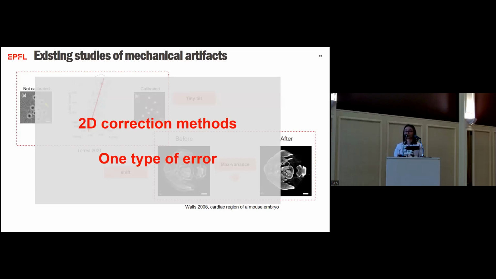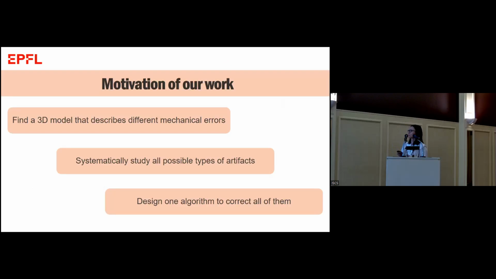In the best case, all at once. That's exactly the motivation of our work. We want to find a 3D model to describe different types of artifacts in the system. Then we study all these different types of artifacts in a systematic way. And eventually we want to design one algorithm to remove all the artifacts.